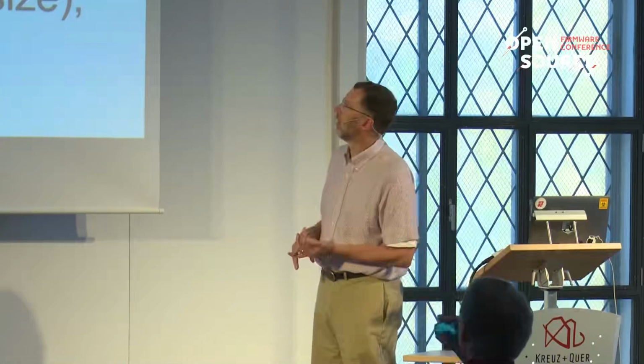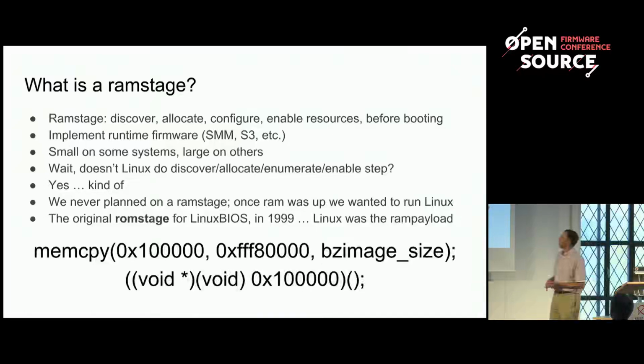Linux BIOS, which this began as, originally didn't do that because it ran on supercomputers, in places where we absolutely did not ever want to have SMM running. I think even as early as 2000, we kind of knew SMM was a very bad thing, to put it lightly. The RAM stage is small on some systems and large on others.